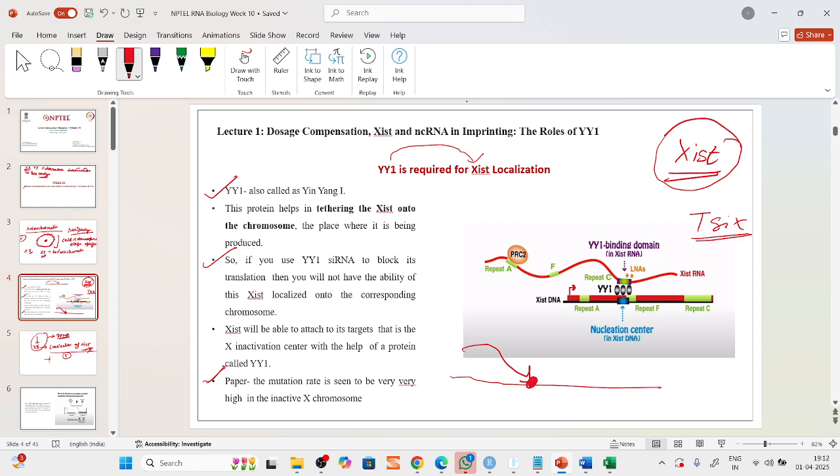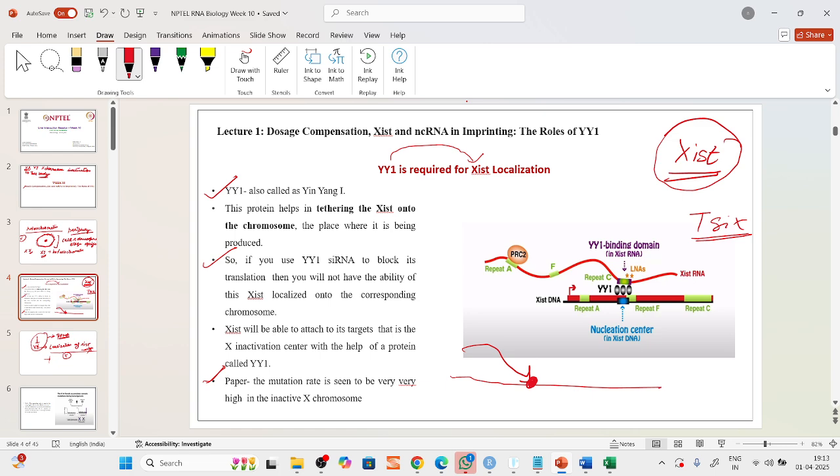If there has to be a mutation, it happens in the inactive X chromosome so that it does not affect the body much, because the genes of the inactive X chromosome are not contributing to expression at all.